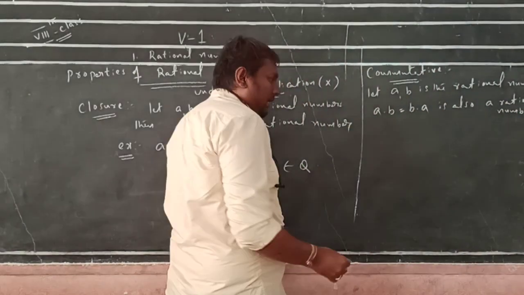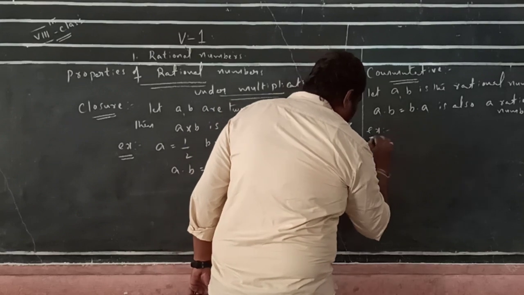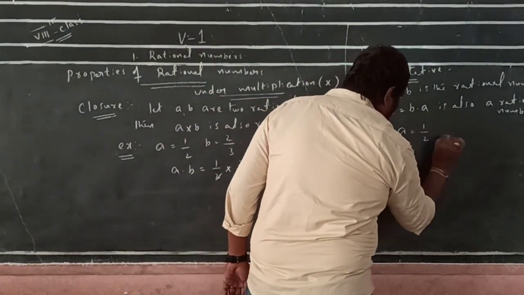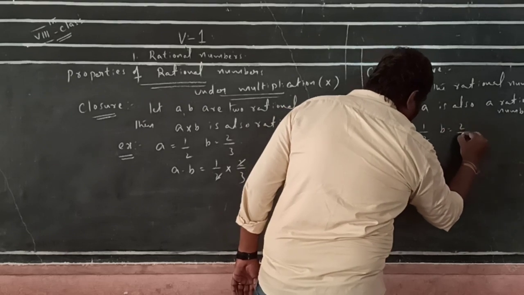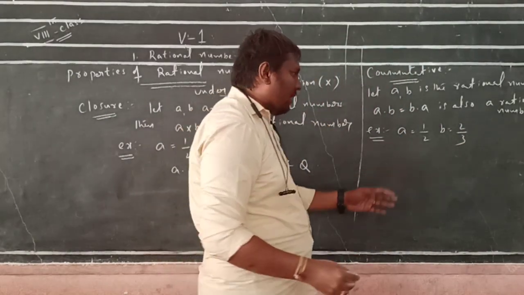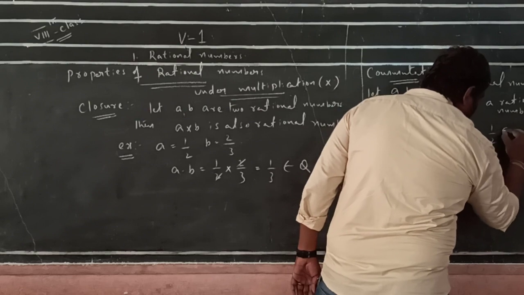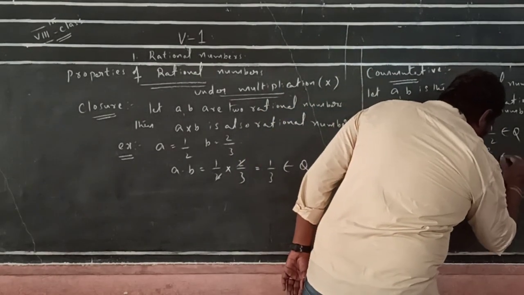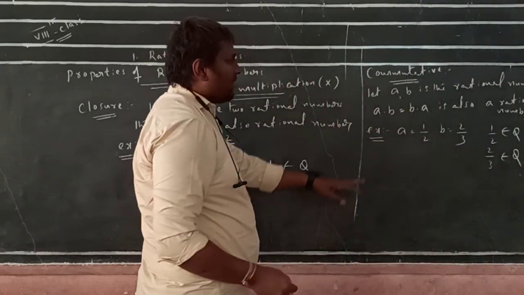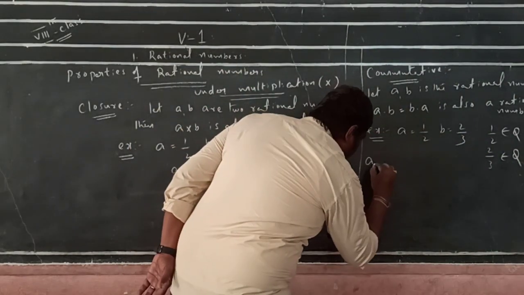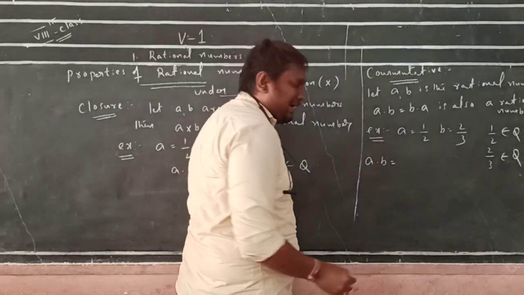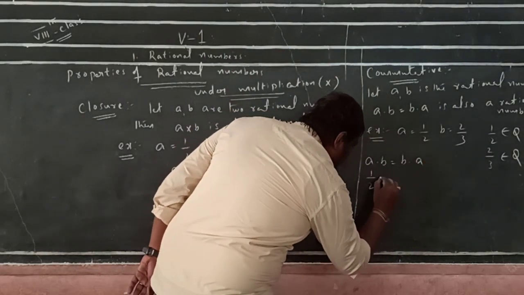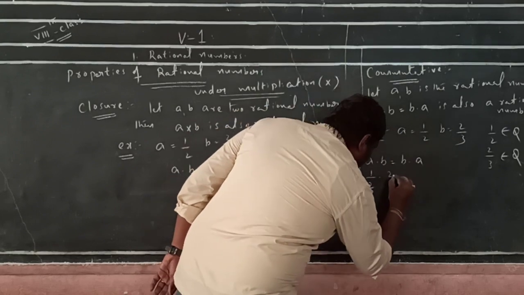For example, you can take the same, A equal to 1 by 2, B equal to 2 by 3. Here 1 by 2 is a rational number and 2 by 3 is also a rational number. Okay, what is the condition? A dot B is equal to B dot A. A value is 1 by 2, B value is 2 by 3.